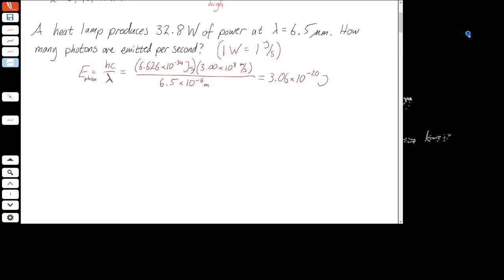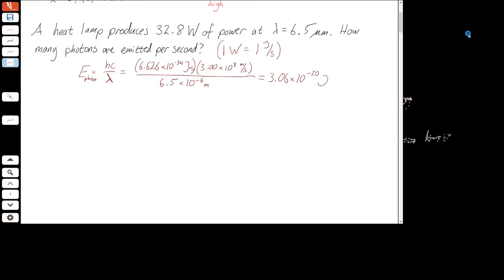All right, so how do we use this then? What's our strategy here for the rest of the problem? We know the energy of each photon. How do we figure out the number of photons emitted per second? Yeah, so if we're thinking of light as a collection of photons, then the number of photons is going to be the total energy divided by the energy of each photon, of each piece.